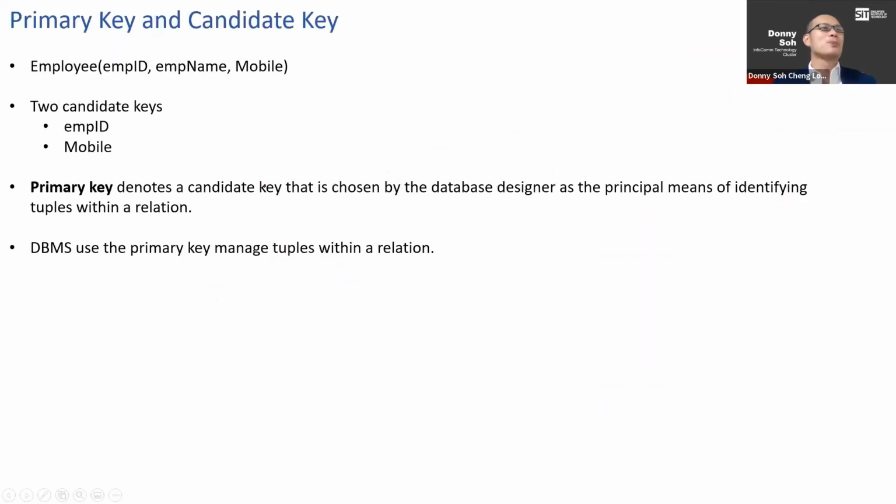So we now know what super keys are and what candidate keys are, and the last one that we want to look for is a primary key.